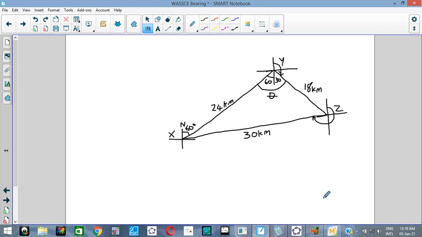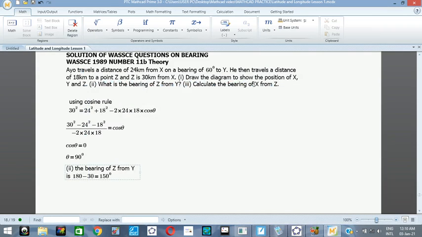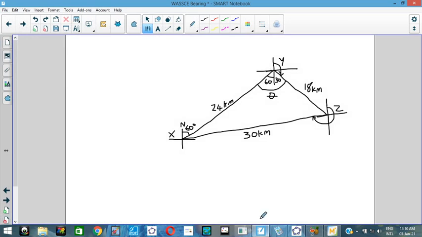Okay, let's try the next question they asked from us. The next thing is the bearing of X from Z. So we are coming from Z now. That means if I can get this bearing here, from Z to X, which is this full turn, let me get this angle.